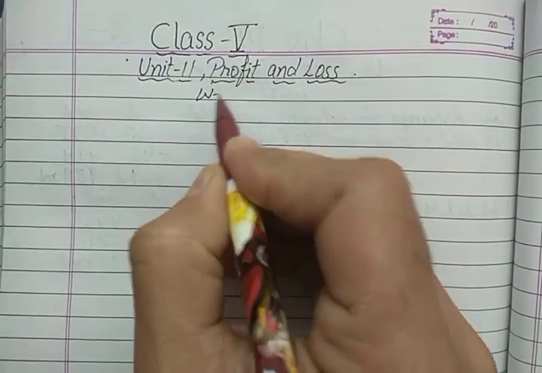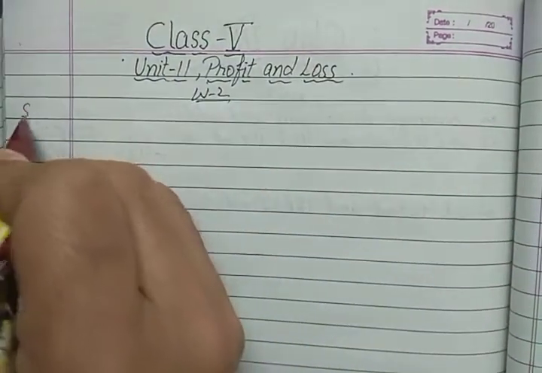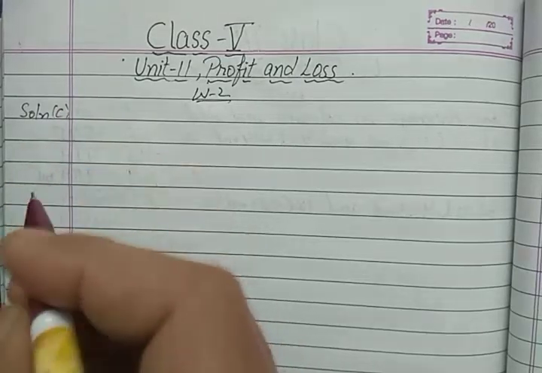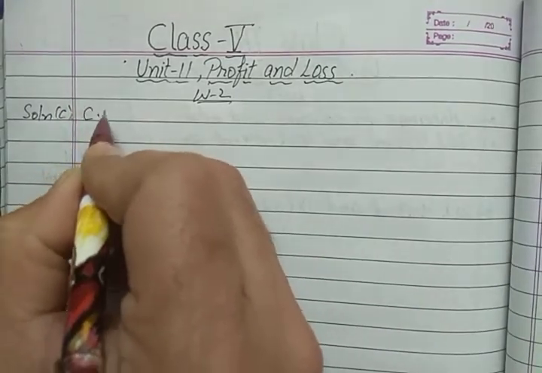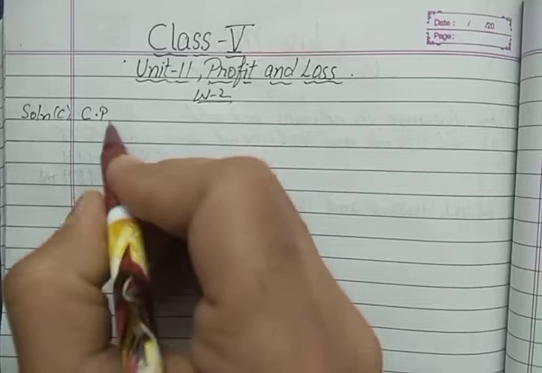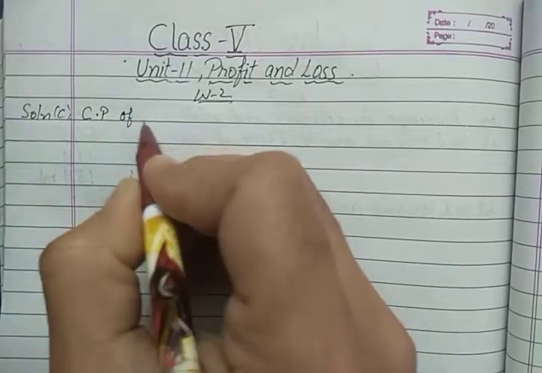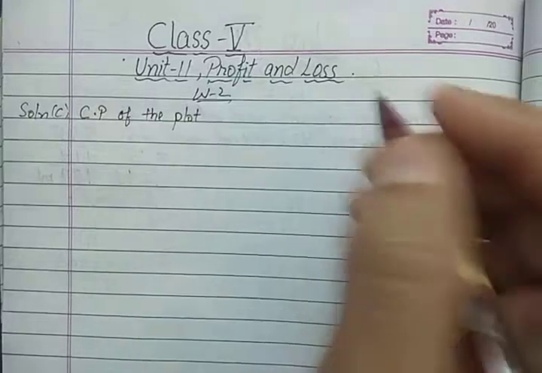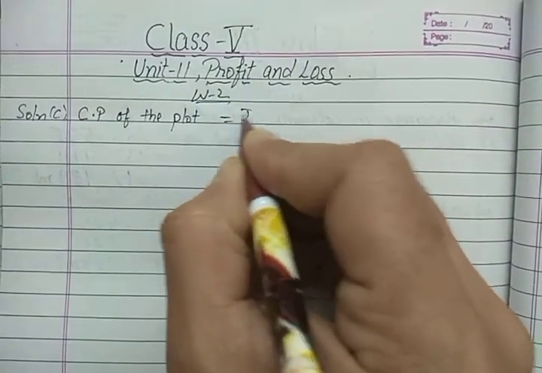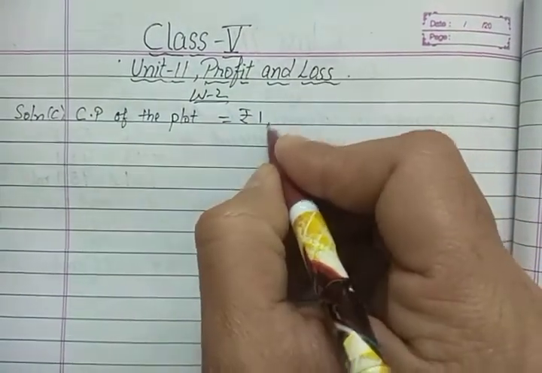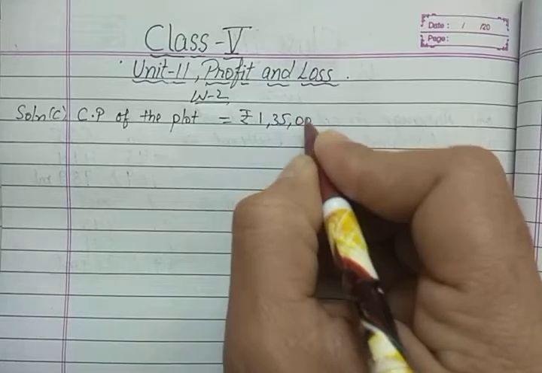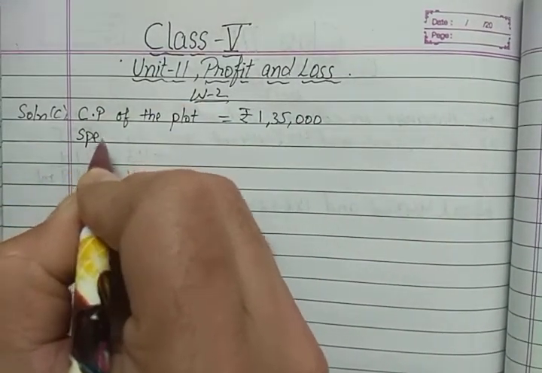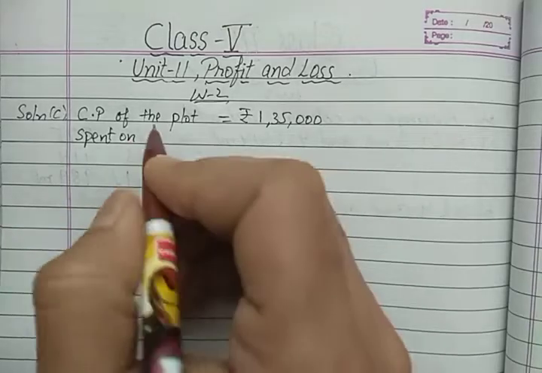So we are doing worksheet number 2, solution number C. Cost price, CP of the plot, that is rupees 1,35,000, and spent on boundary wall.